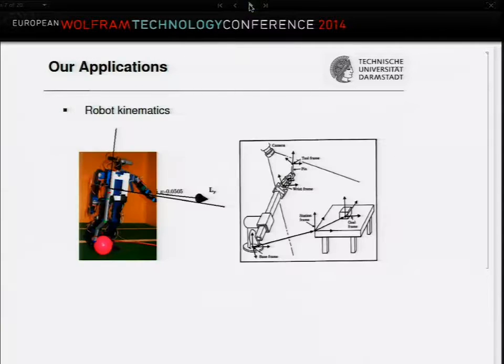What we did, for instance, is robot kinematics. In this example, there is a soccer-playing robot, and we realized the kinematics of the legs of this robot based on geometric algebra.